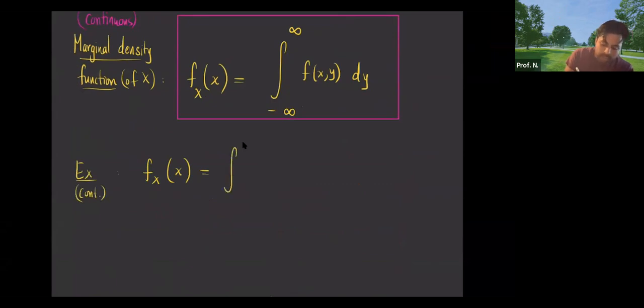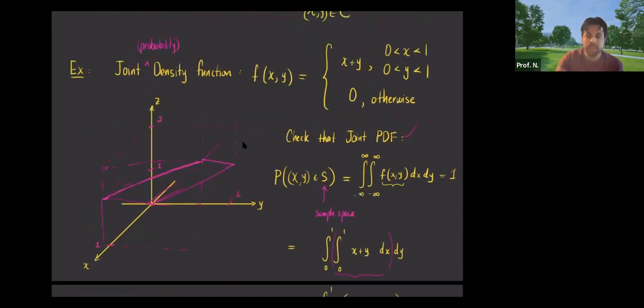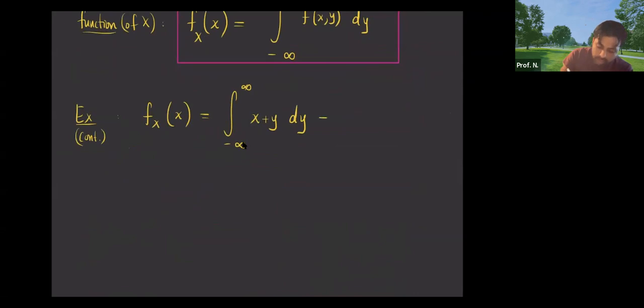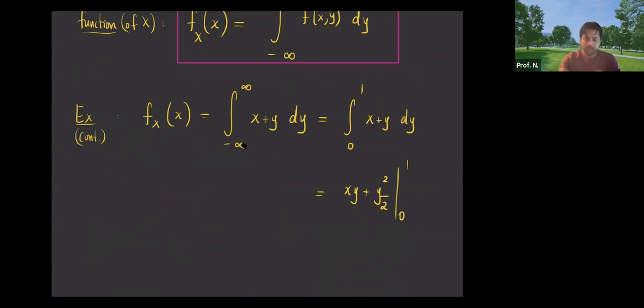So this would be the integral from negative infinity to infinity of x plus y dy, right? But of course, my y values only range from 0 to 1. So I can rewrite this integral bound 0 to 1, x plus y dy. And I'm going to integrate this as a function of y. Well, x will be treated as a constant. So the antiderivative is xy plus y squared over 2 from 0 to 1. And when you plug in the values, what do you get?